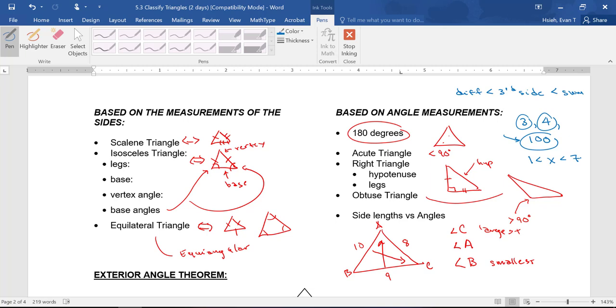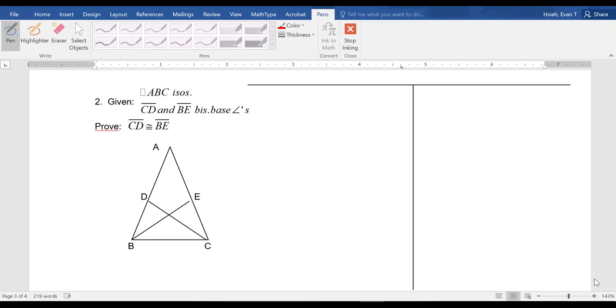I'm going to jump actually to the third page right now and go over a couple of proofs that have to do with some of these definitions that we just talked about. So we're working on page 3 right now. This is the proof, and it has to do with some of the material that was introduced on the second page.